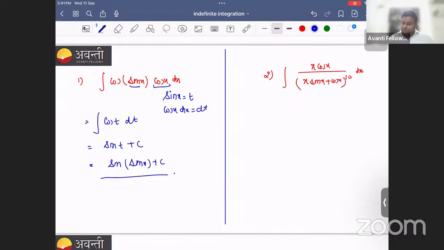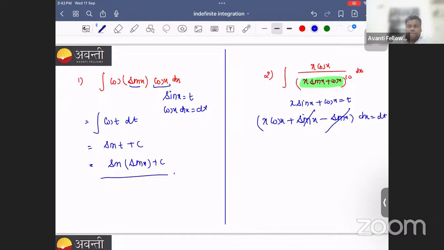Now see the second one. This is something a little different. If you see this, if I assume x sin x plus cos x as t, now its derivative will be x cos x plus sin x minus sin x dx is dt. This sin x cancels. So what do you get? x cos x dx is dt.